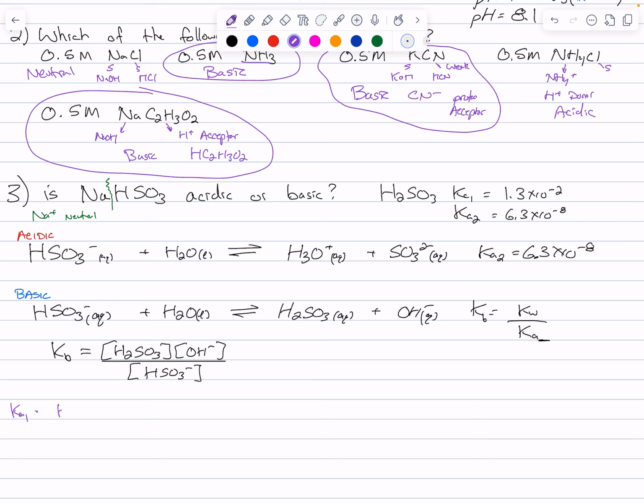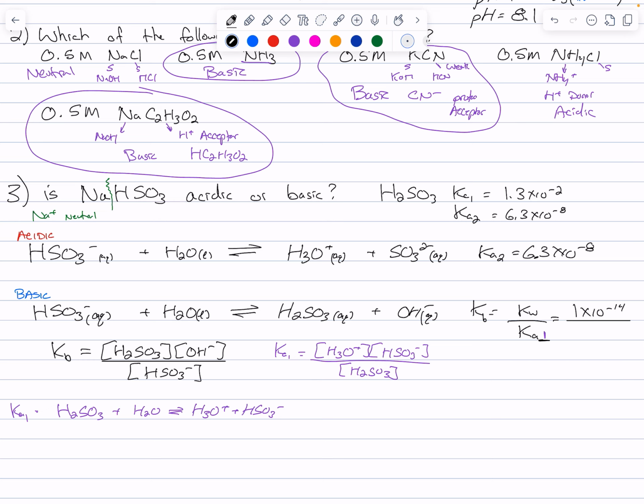So let's just write Ka1 down, right? Ka1 would be H2SO3 plus water going to H3O plus and HSO3 minus. And so Ka1 is the concentration of hydronium, HSO3 minus, over H2SO3.